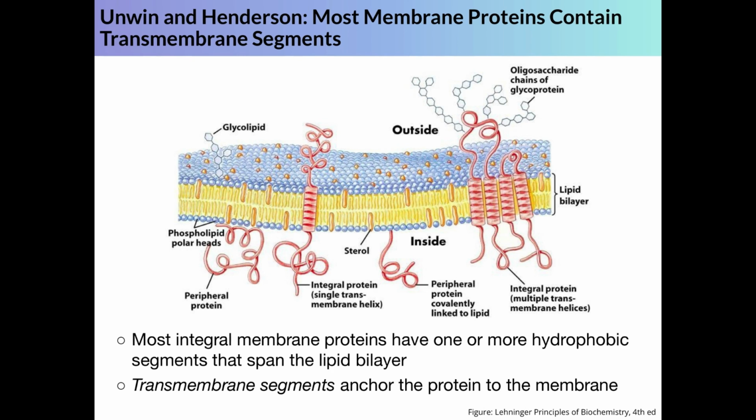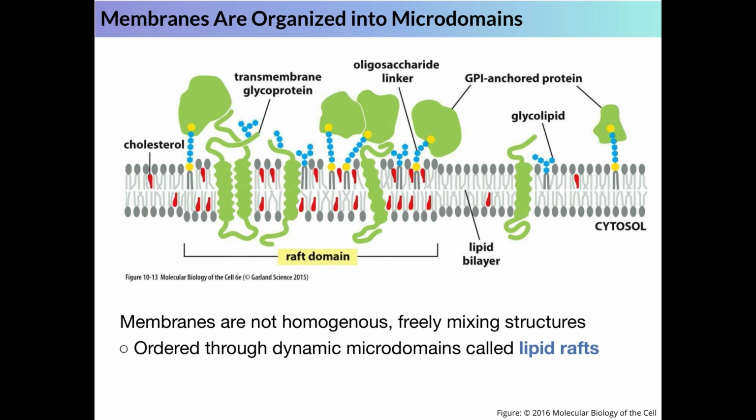They're known as integral membrane proteins, and many of these are transmembrane proteins, which means that they have a segment that passes through both monolayers of the phospholipid bilayer. Finally, the most recent evidence suggests that membranes are not homogeneous. They actually contain microdomains, which are known as lipid rafts. And these domains have associations of specific lipids and proteins that are often involved in cell-cell communication.